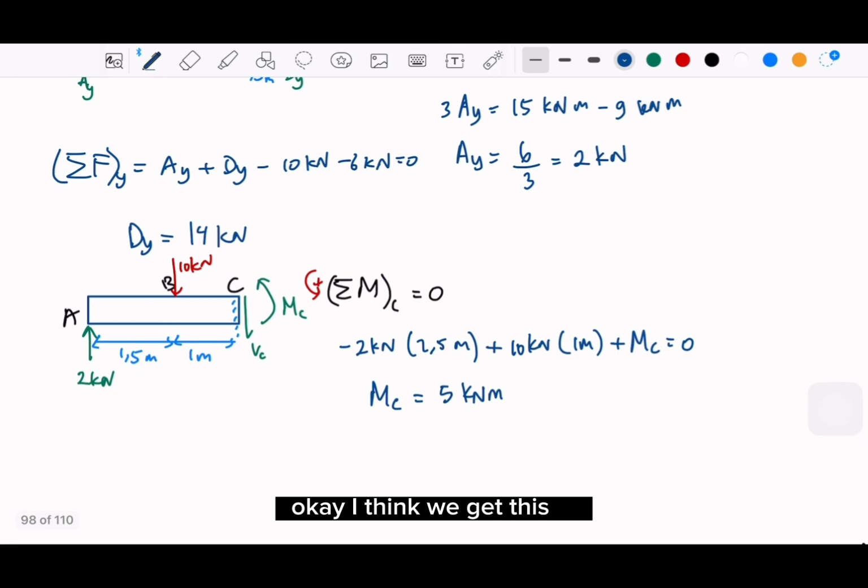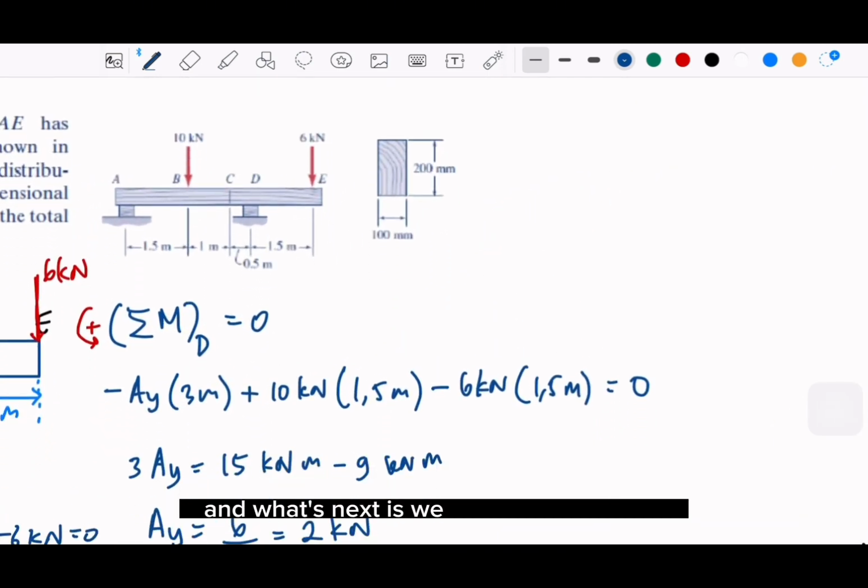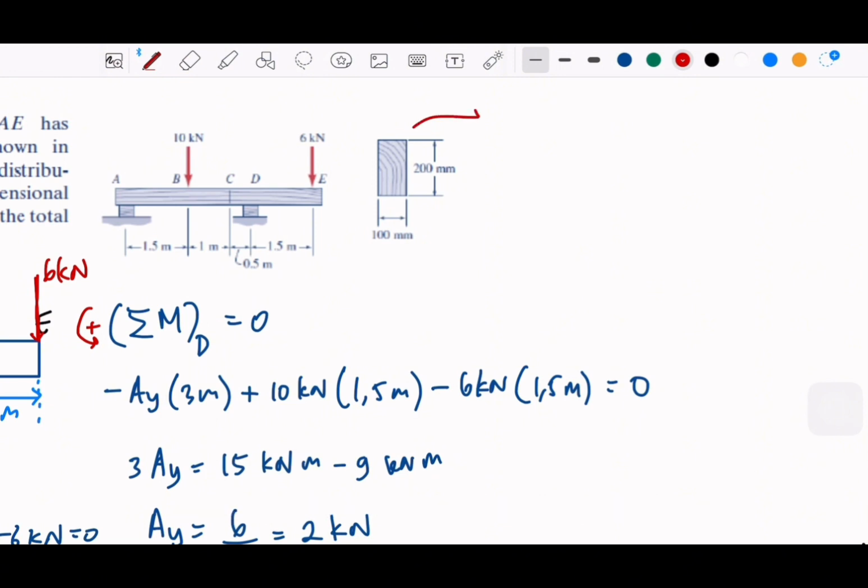Okay, I think we get this M, and then what's next is we find the inertia from here. So the inertia will be bh cubed divided by 12.